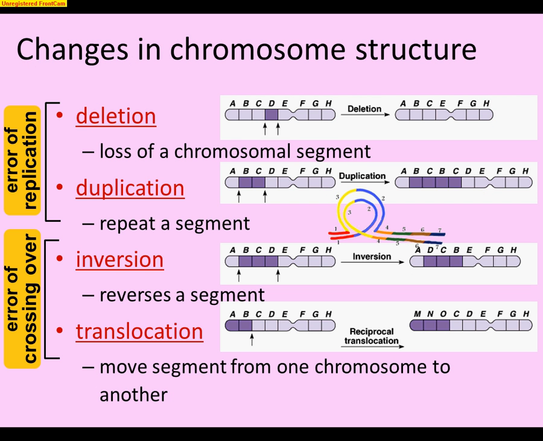We can also change the structure in the chromosome. So these are pretty easy to look at. Their terms really do mean exactly what happens, but I will tell you that there's two events where these errors happen. One's in replication and one is in the process called crossing over.